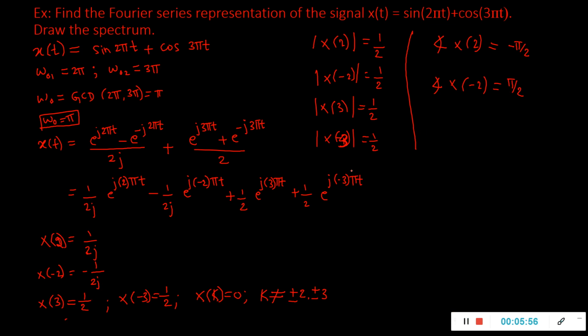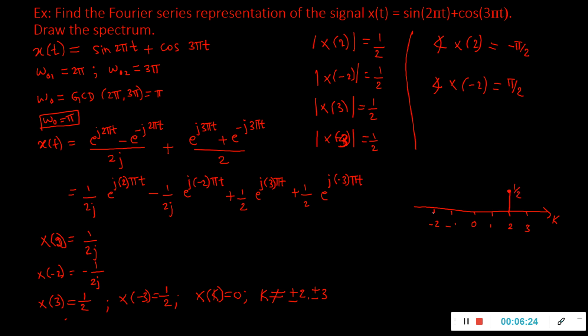If I try to draw the magnitude spectrum, it's going to look like this. This is the k axis. Here we have the origin, k is equal to 0, 1, 2, 3, and it just continues. In the negative direction, we have the values minus 1, minus 2, and it continues. So mod of x of 2 is given by half. I'm going to draw a line whose length is equal to half units.